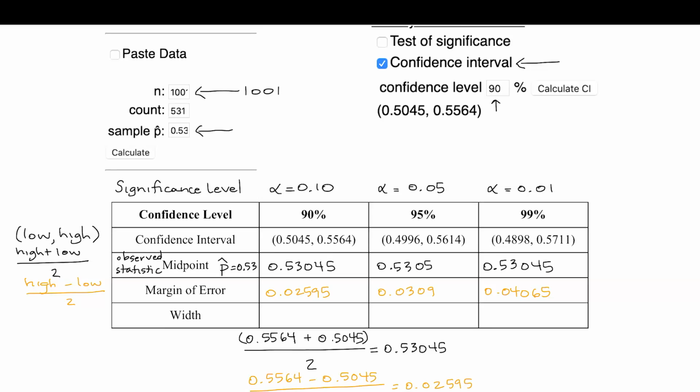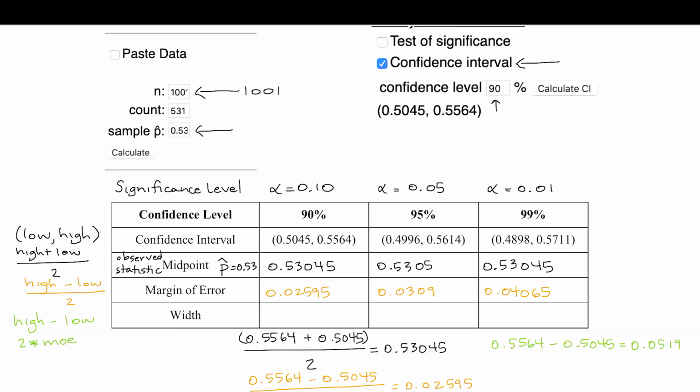Then let's look at the width of the interval, which is not on your formula sheet, but we can get it by taking the high value minus the low value, or we can get it by taking the margin of error and multiplying that by 2. So you can do it either way. In the case of the 90% confidence interval, if I take the high value, 0.5564, minus the low value, 0.5045, when I do that subtraction, I get 0.0519.